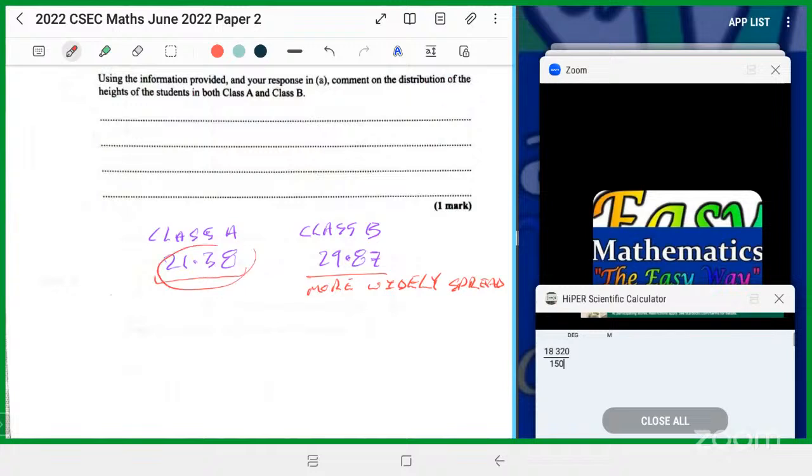When it is smaller, it's more closely spread. When it's larger, it's more widely spread. The smaller standard deviation means that the heights are closely spread from the mean height.